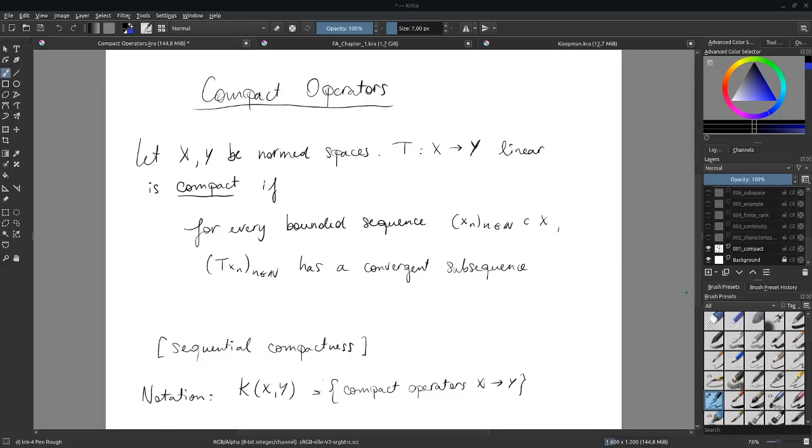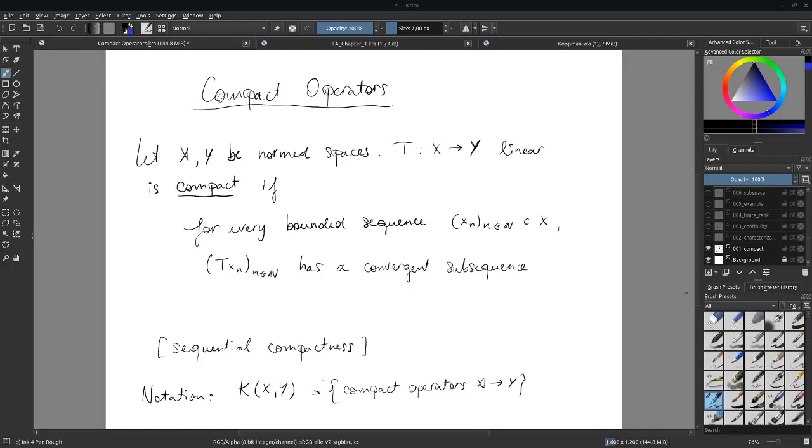So anyway, we're entering chapter 5 on compact operators, which is almost the last chapter. We've been teasing what compact operators are in the previous meetings and why they're so important. So we'll finally get to the definition in the book of a compact operator between two normed spaces.